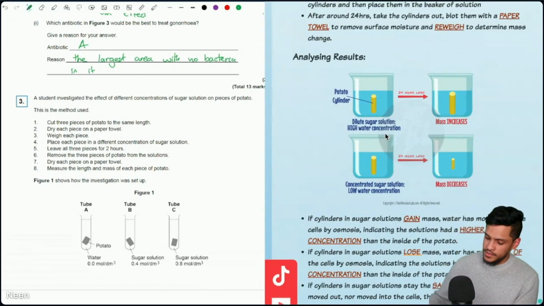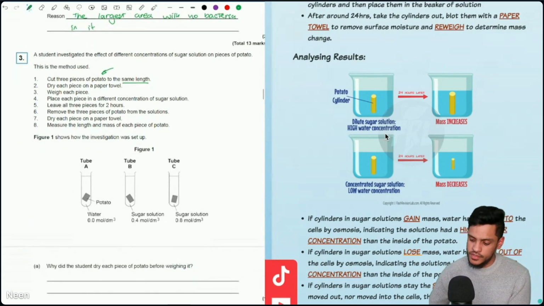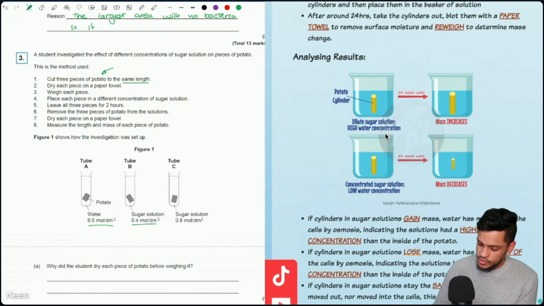They've cut 3 pieces of potato, the same length. That's important. Dry each piece with a paper towel, weigh each piece, and place each piece in different concentrations of sugar solution. You can see here we have pure water, sugar solution with only 0.4 mole per dm cubed, and one with 0.8 mole per dm cubed. So they've got different concentrations.